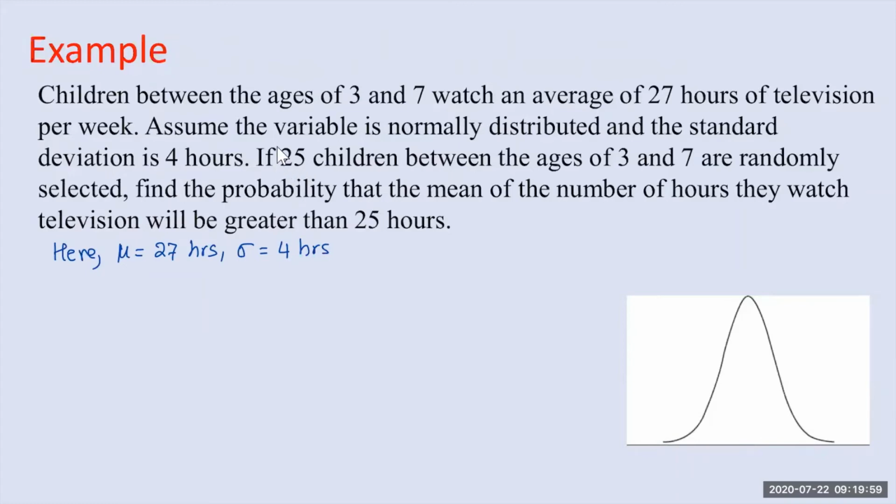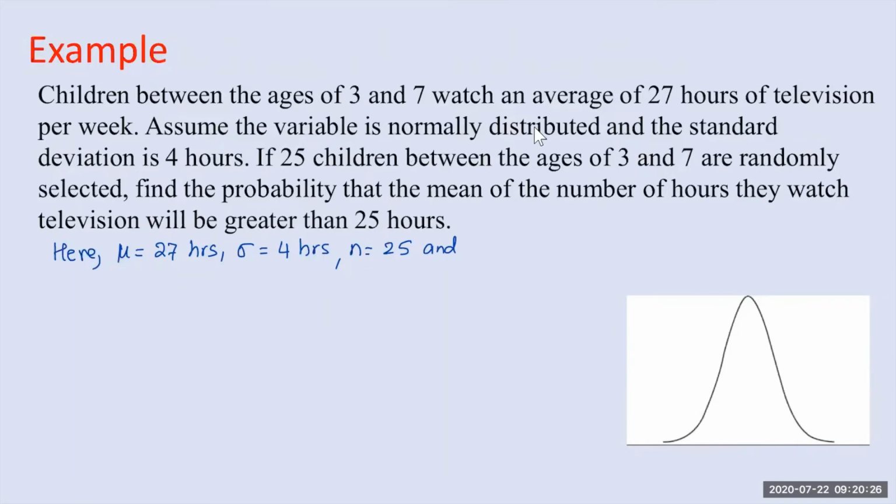Your sample size, now you can see here, if 25 children between the ages of 3 and 7 are randomly selected, we have to find the probability that the mean number of hours they watch television will be greater than 25 hours. So if 25 children are selected at random, this is your n equal to 25, and the population is normally distributed.